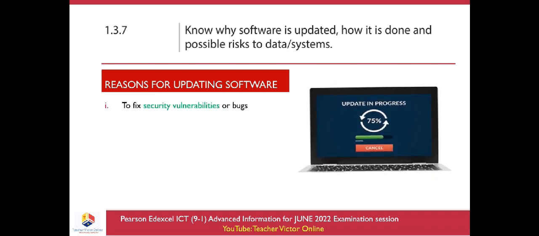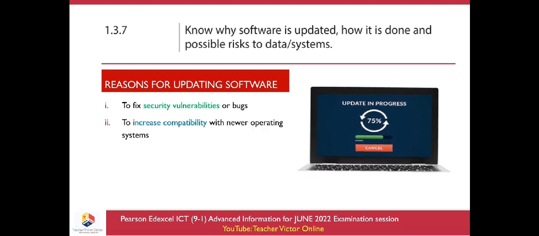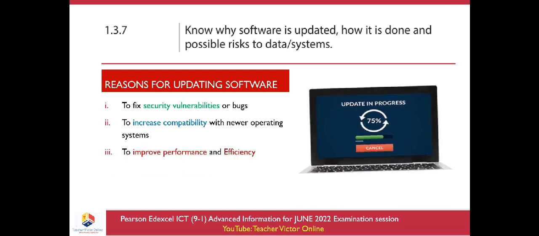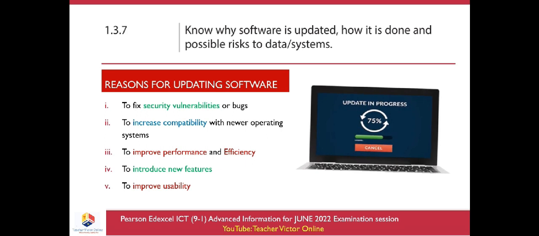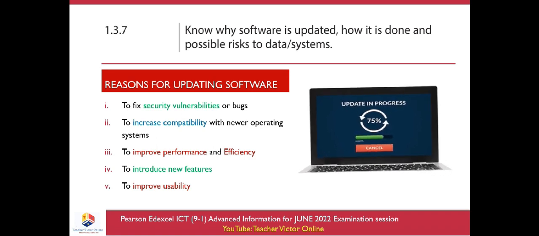First reason may be to fix security vulnerabilities or bugs, to increase compatibility with newer operating systems, to improve performance and efficiency, to introduce new features, and even to improve usability. These are not the only reasons, but we are supposed to know at least 5, and I've given 5.